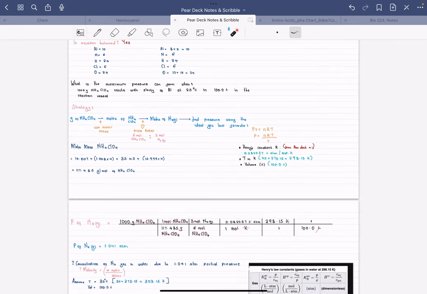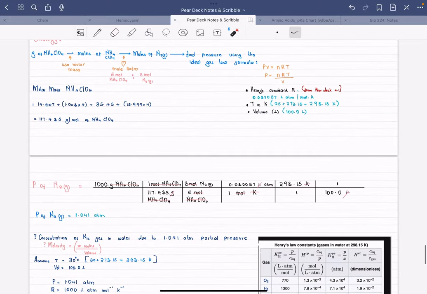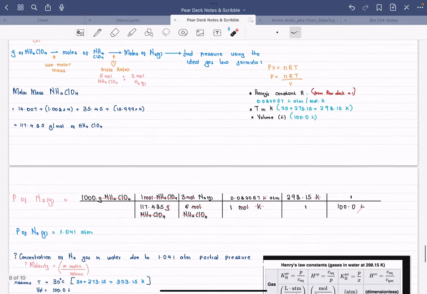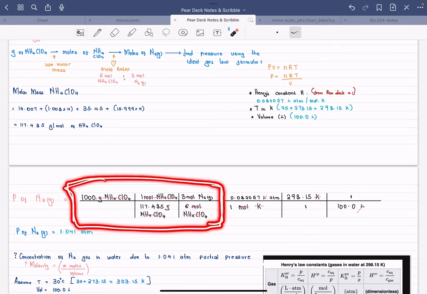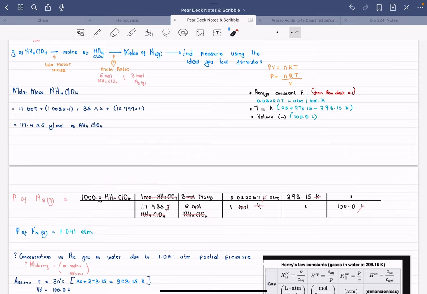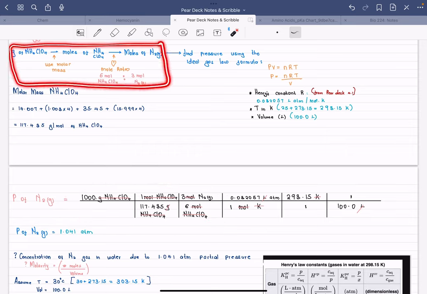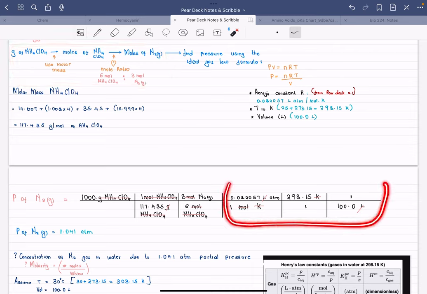So I put everything together in this table, where I plan out my strategy. So this part of this table is emulating this part of the strategy, and then this is part of the ideal gas law strategy part.